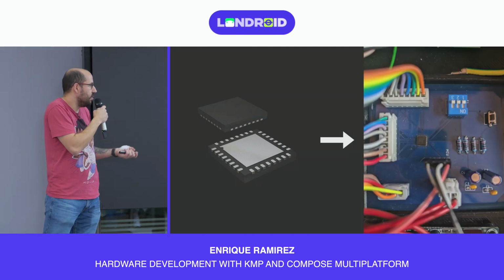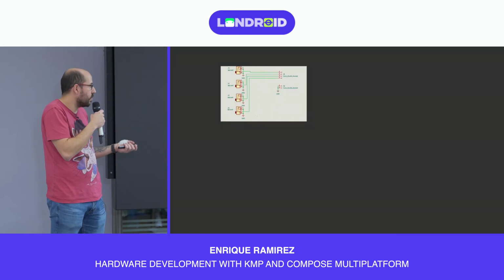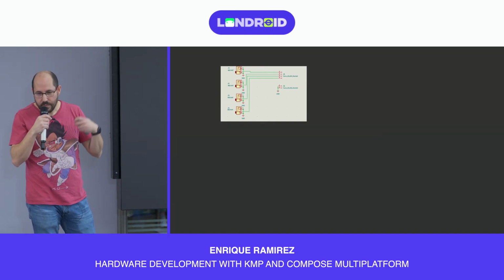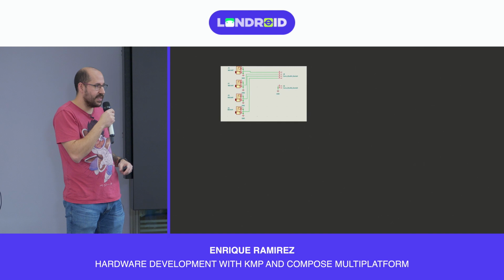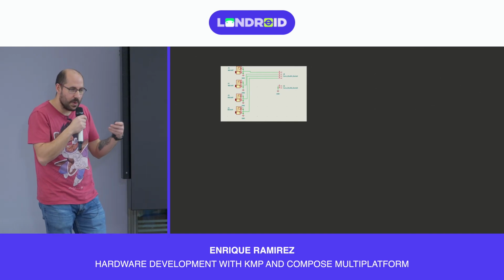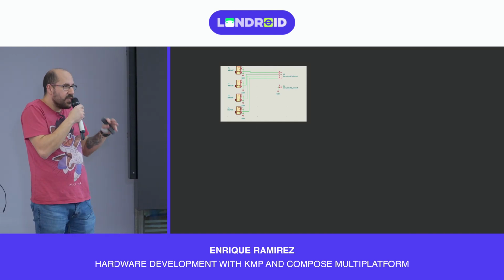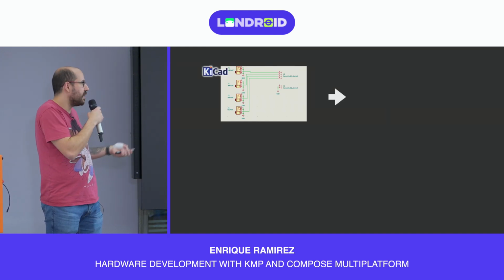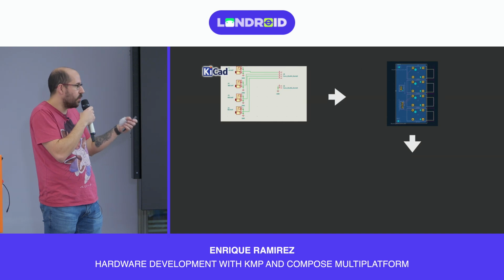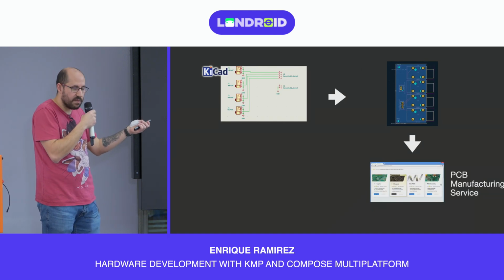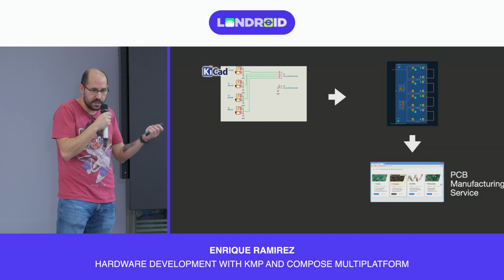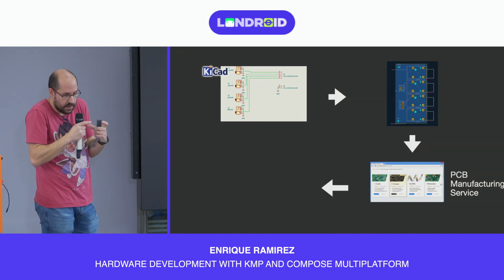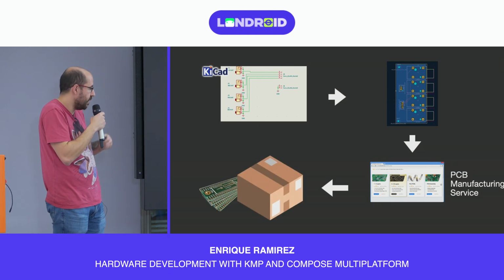So the first thing we need to do is create some kind of PCB board, and then we need to get a little bit into electronics. That's the thing that is slightly different from our programming world, but you need to get deeper into that electronics world, like creating the schematics or designing the boards, getting some kind of manufacturing service that manufactures it for you and gets it shipped to your home.